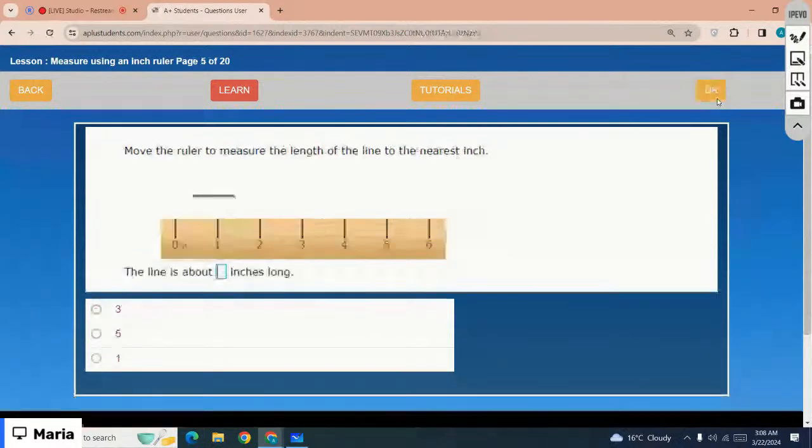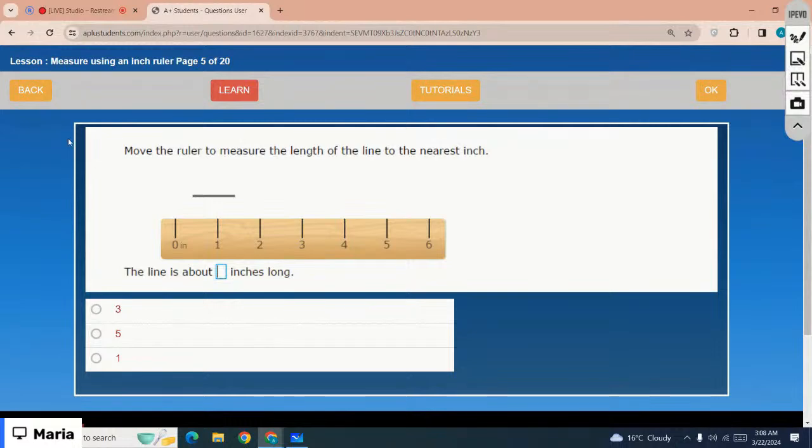Move the ruler to measure the length of the line to the nearest inch. So, which is the correct option? Yes, that is only 1 inch long, right?